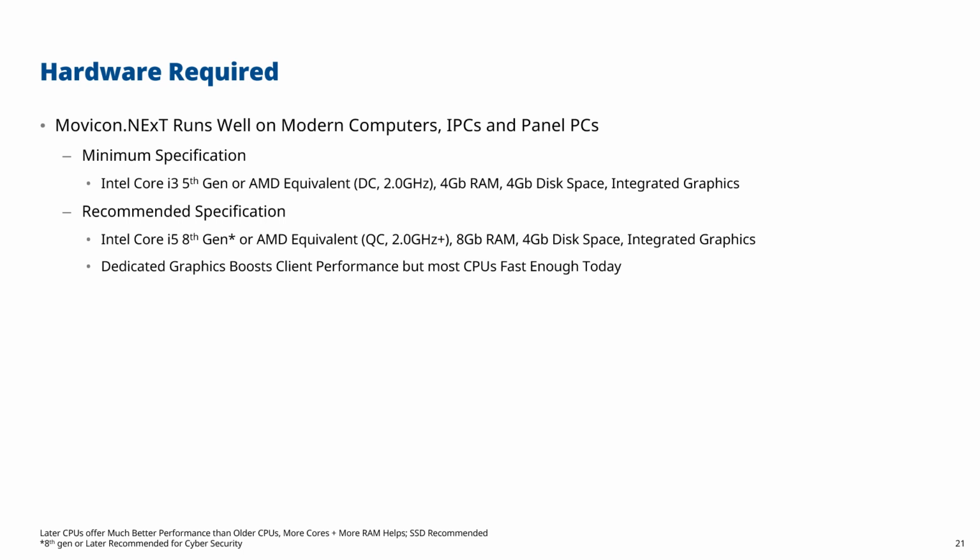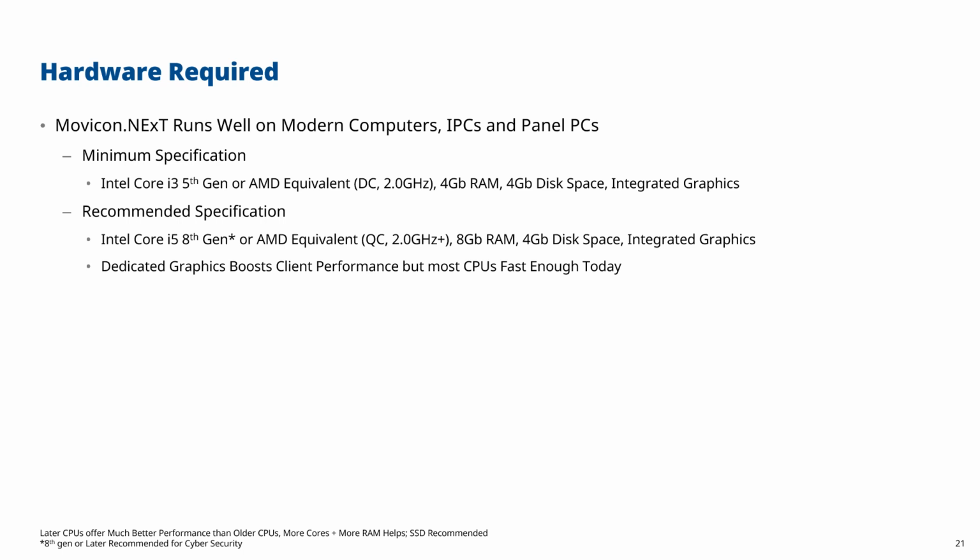And the Core i5 also gives you a bit better performance than the Core i3. Or again, you could choose an AMD equivalent. For modern computers, I recommend quad core, 2 GHz plus. But these days, that's pretty much entry level, even for an industrial PC of a few years ago. So that gives you very good performance without having to be extremely expensive.